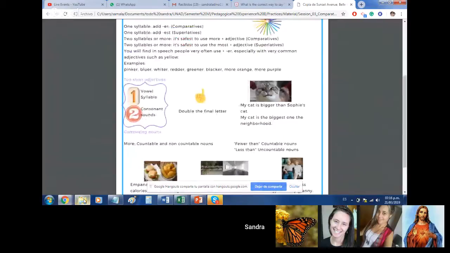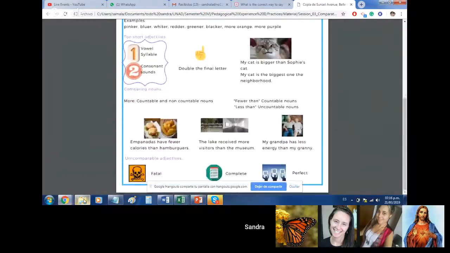For two short adjectives. And also we have compare nouns and uncountable nouns. Countable and uncountable nouns. For example, in the lower part, we have here, empanadas have fewer calories than hamburgers.